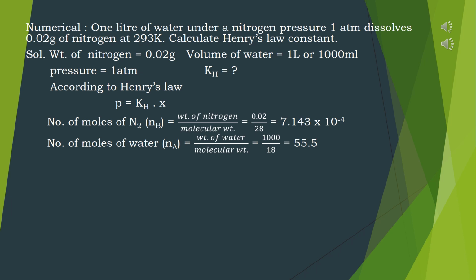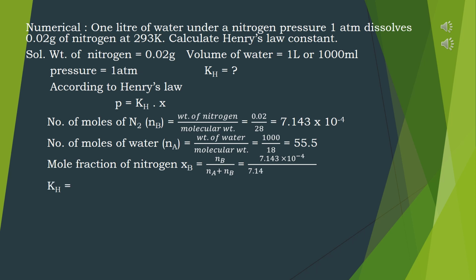From the number of moles of both the components, let's find out the mole fraction of nitrogen, which is the ratio of number of moles of nitrogen divided by total number of moles of both the components, which is equal to 7.143 into 10 raised to the minus 4 divided by 7.143 into 10 raised to the minus 4 plus 55.5, which comes out to be 1.29 into 10 raised to the minus 5.